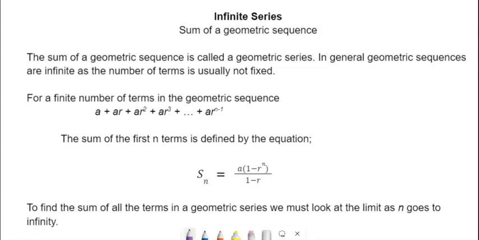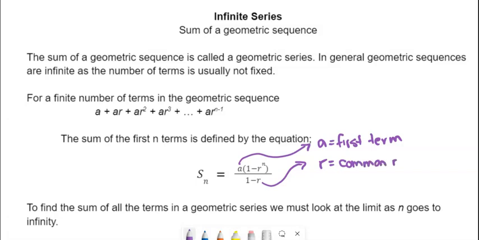And before we go too much further, let's make sure we can identify that in the sequence, a is the first term, r is the common ratio or the rate of change, and then n is the number of terms.